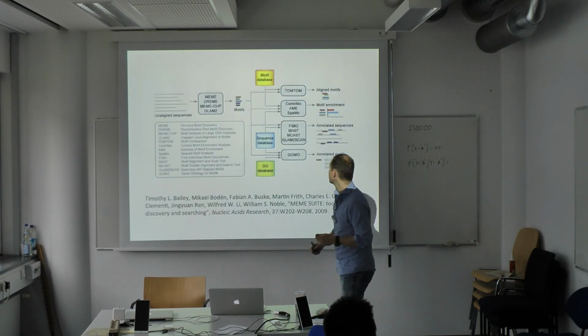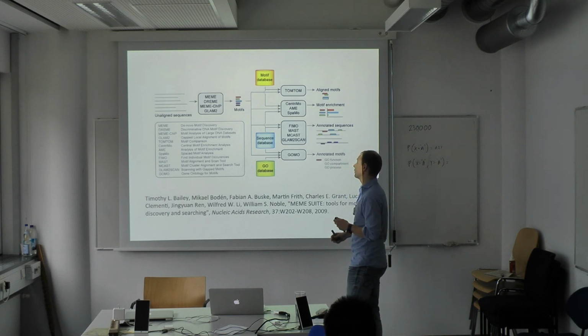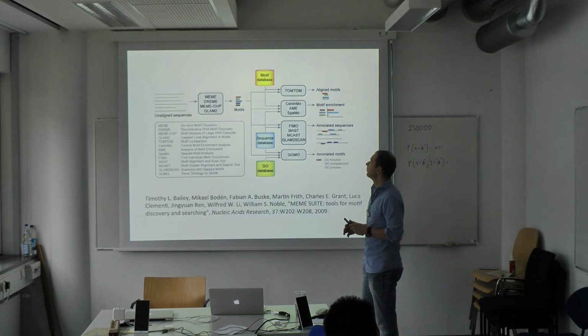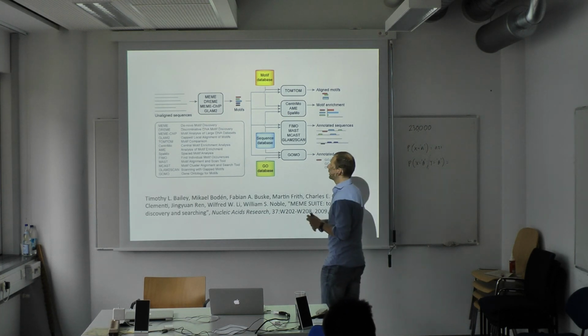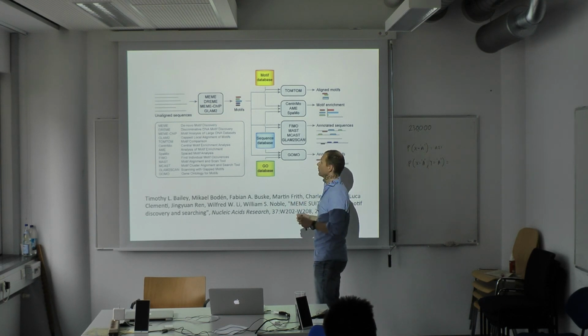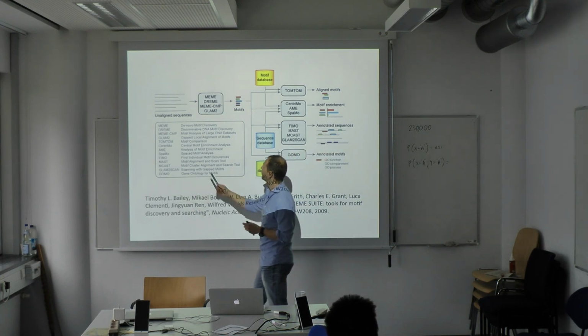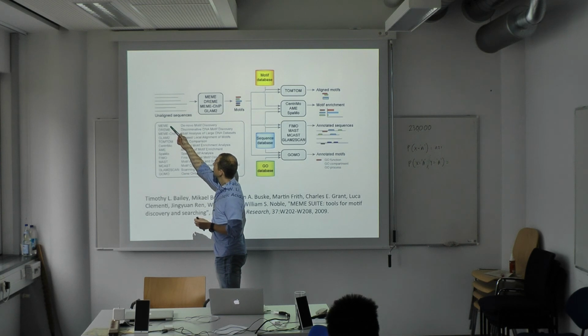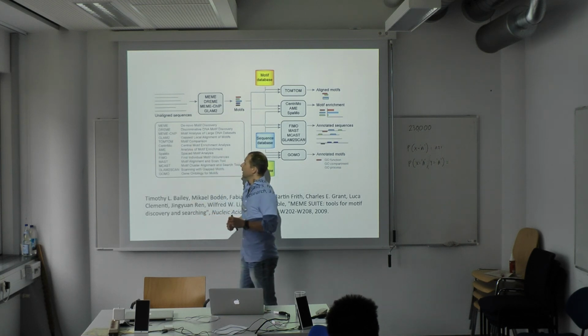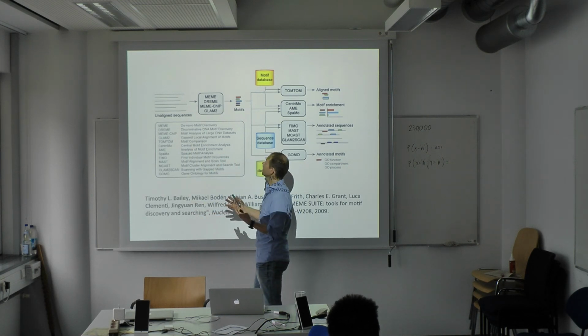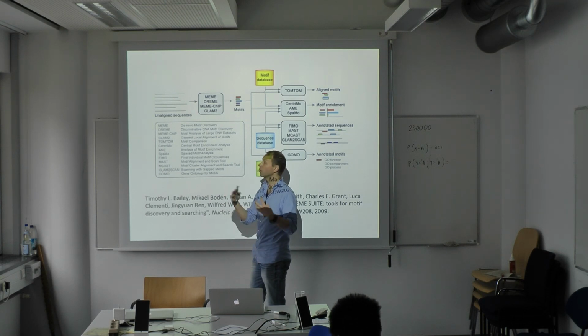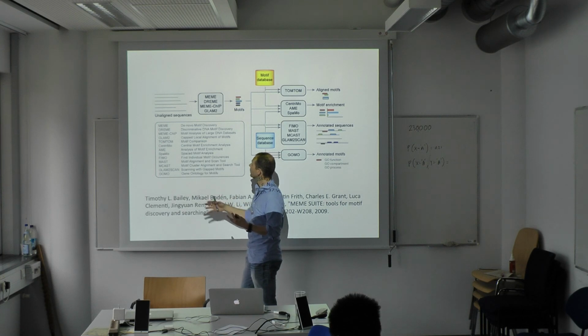There is what I think is a great suite of tools known as the MEME suite, which contains motif discovery methods for the two types of approaches that we've discussed here today. So MEME would be the method that uses EM, or expectation maximization, to produce a probabilistic model.